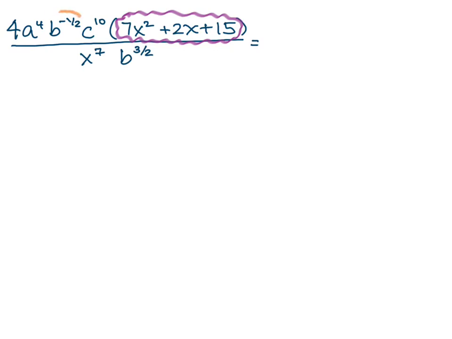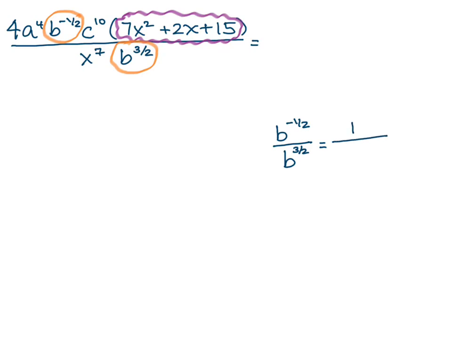I'm going to combine the b terms: b to the negative 1/2 over b to the 3/2. I'll just do that on the side really quickly here. Well, you subtract an exponent when it moves from the denominator to the numerator or vice versa.